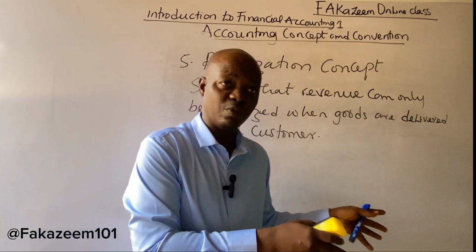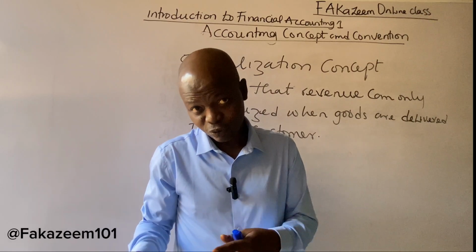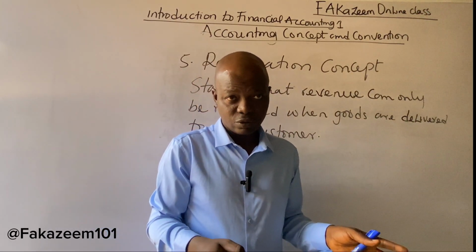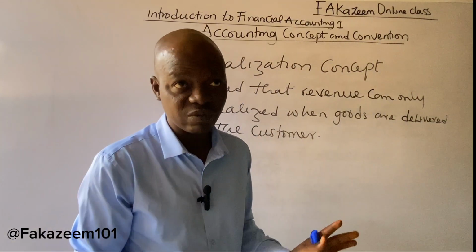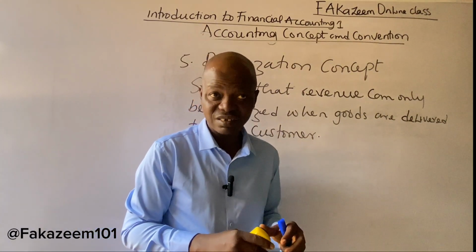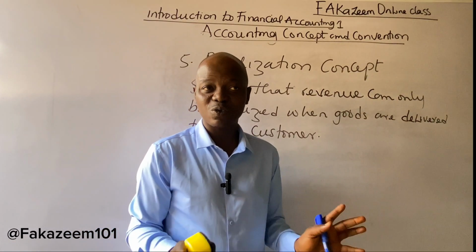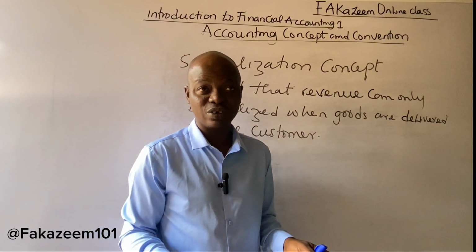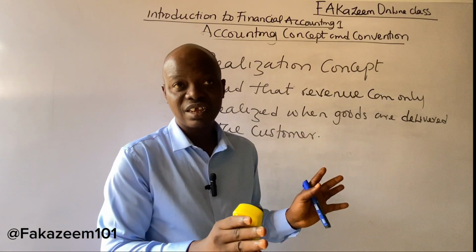This is the reason why some organizations in Nigeria, when sending goods to you, state on the receipt that if you are not okay with these goods, you can return them within 7 days. If after 7 days these goods are not returned, it will be assumed that the customer has accepted the goods. And this will pave way for the organization to earn and realize their revenue.